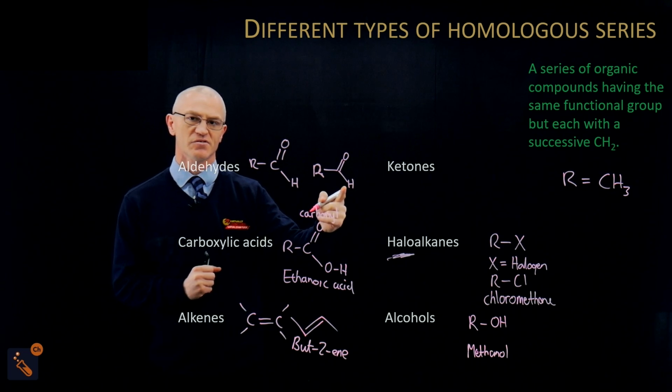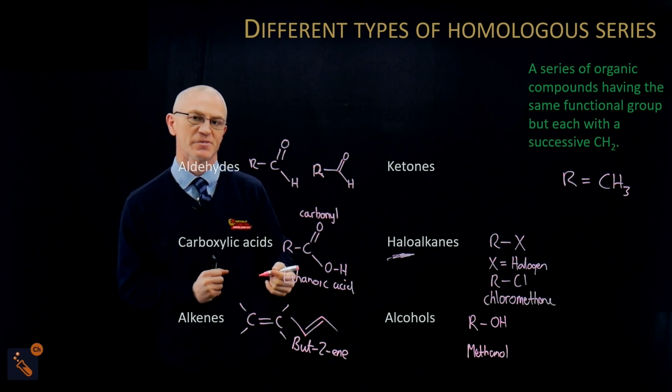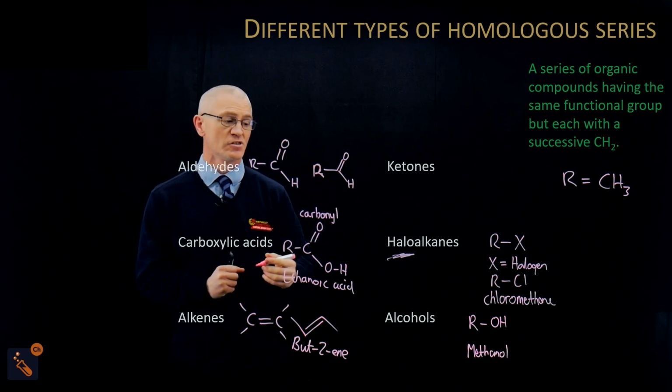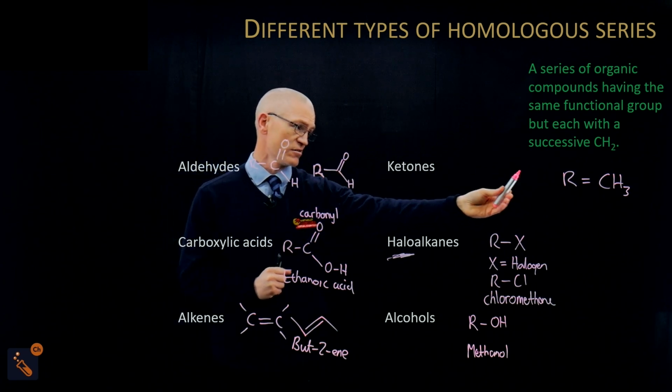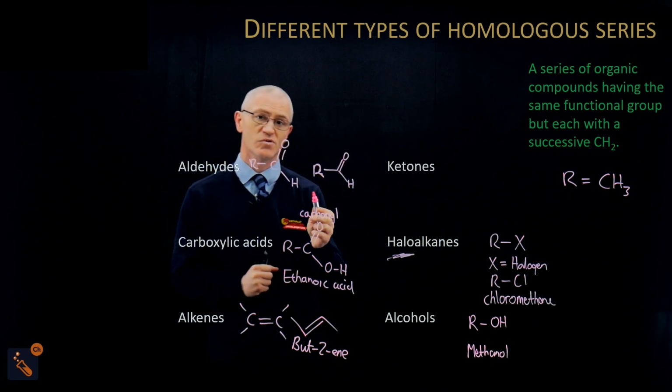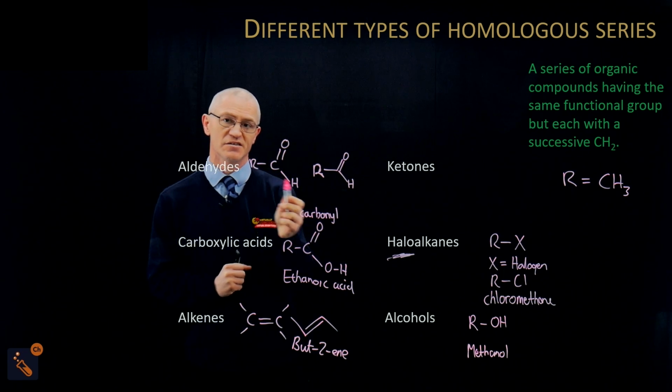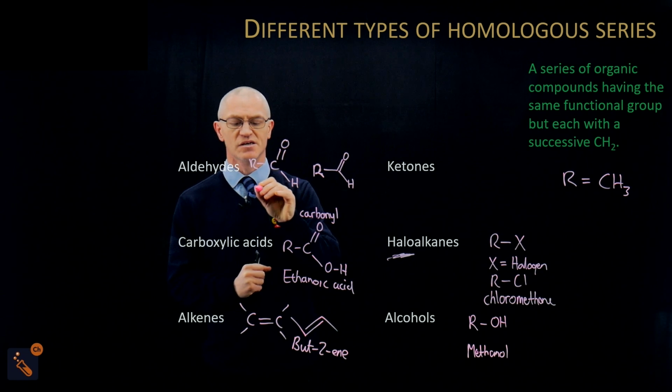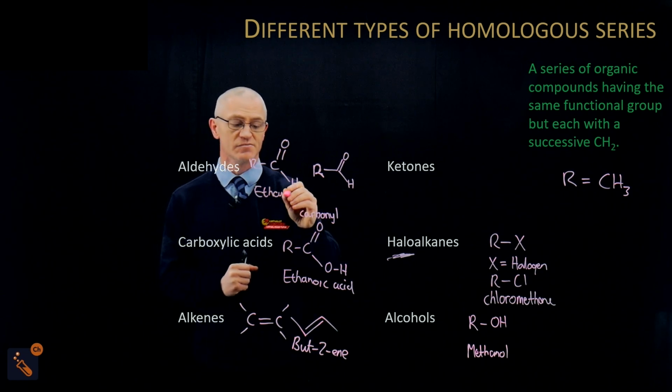So here you have your aldehyde, and that ends in al. So if that was here, again, one carbon there, or one carbon here, the same thing. So that means 2 carbons in total. So that would be ethan, and aldehydes end in al, so ethanal.